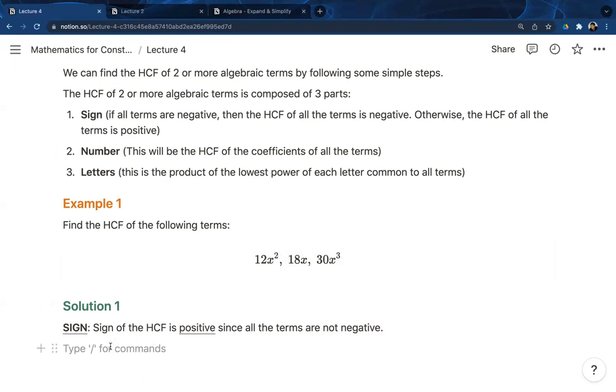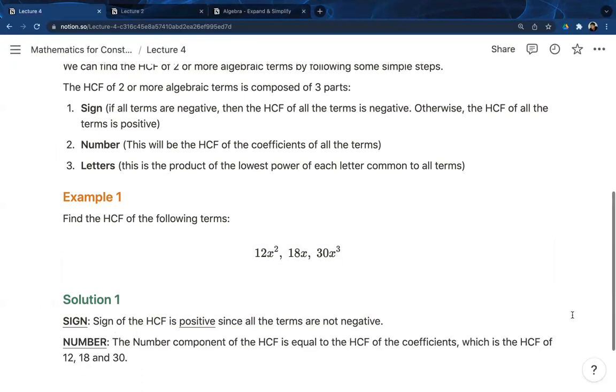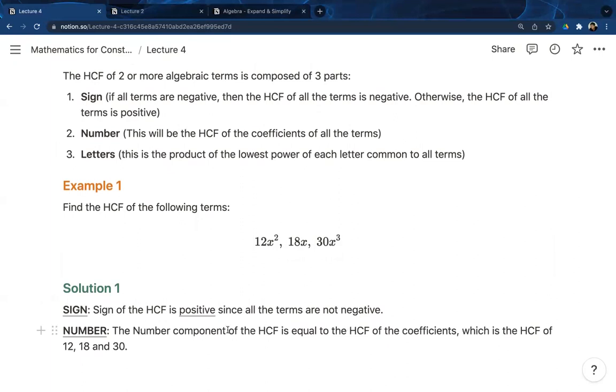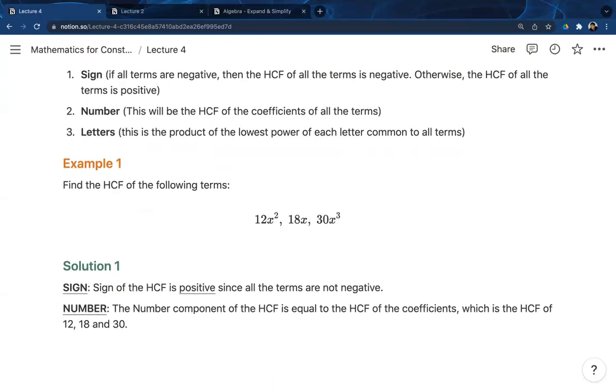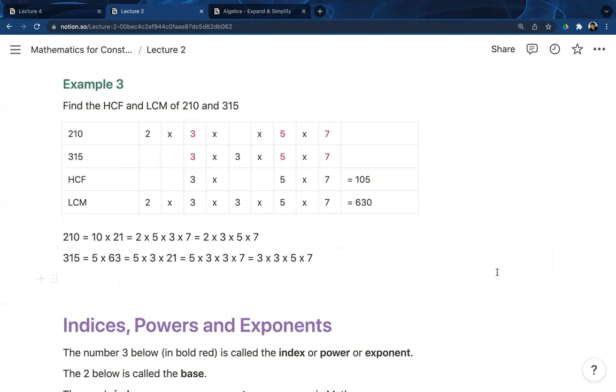We follow the rule. The number component of the HCF is equal to the HCF of all these coefficients here, 12, 18, and 30. How do you find the HCF for 12, 18, and 30? We use the tabular method from this lecture here.